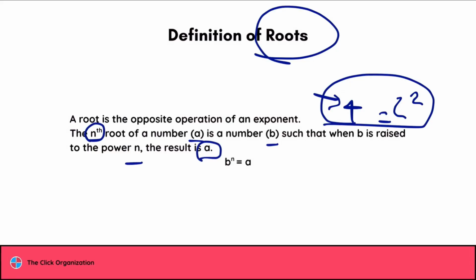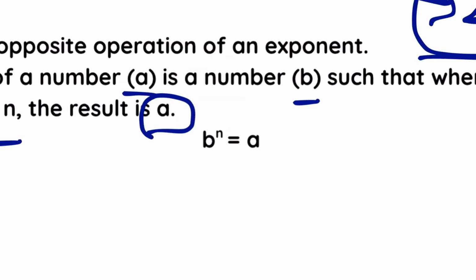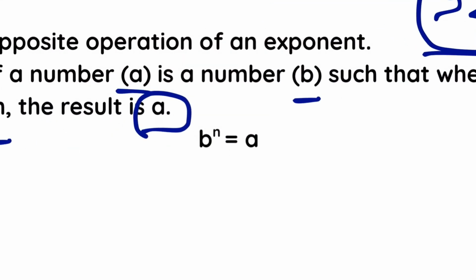This might seem very complicated, but take a look at this. I have b to the power of n, which is equal to a. For example, say b is 5 and n is 2. We all know that 5 to the power of 2 means 5 times 5, which is 5 multiplied by itself 2 times.